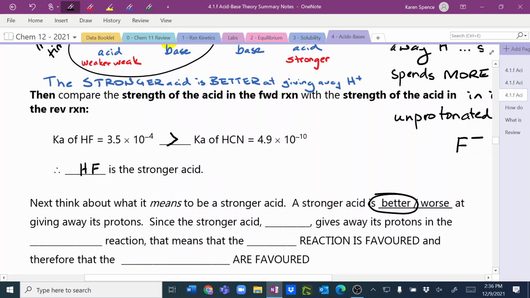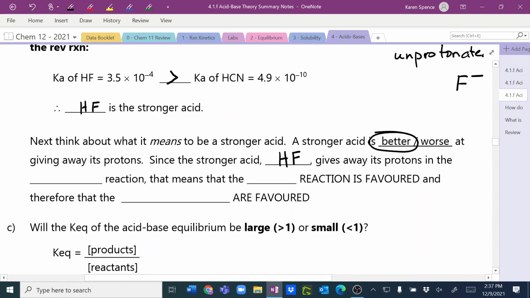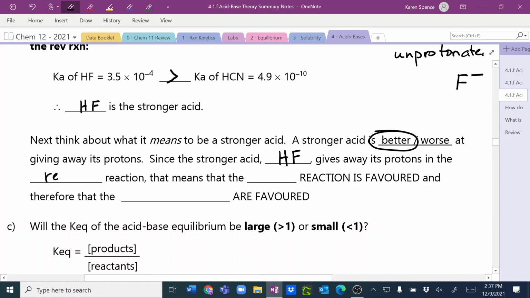Since the stronger acid HF gives away its protons in the reverse reaction, then the reverse reaction is favored, and if the reverse reaction is favored, that means that the reactants are favored.